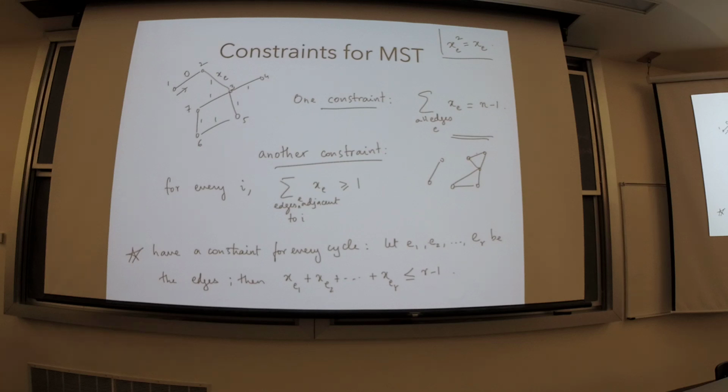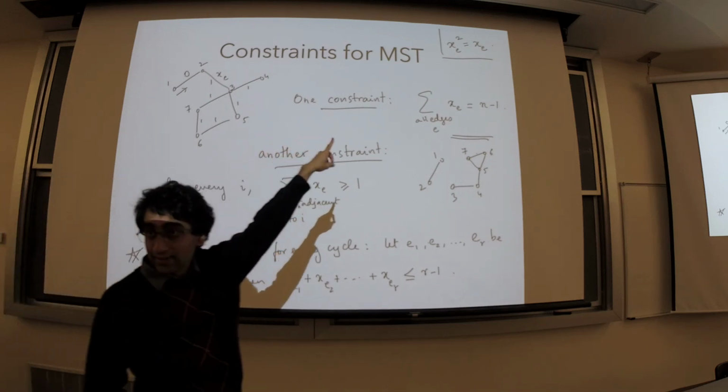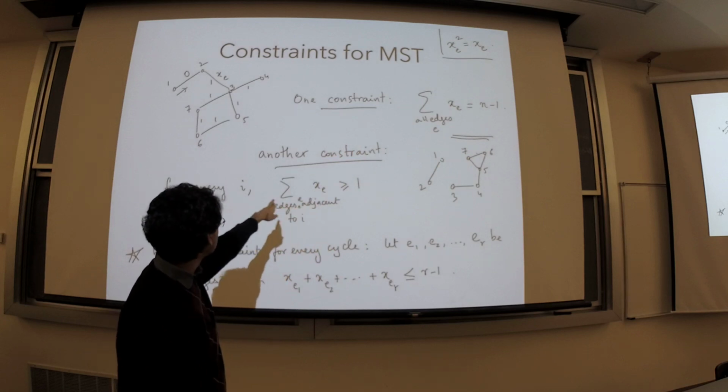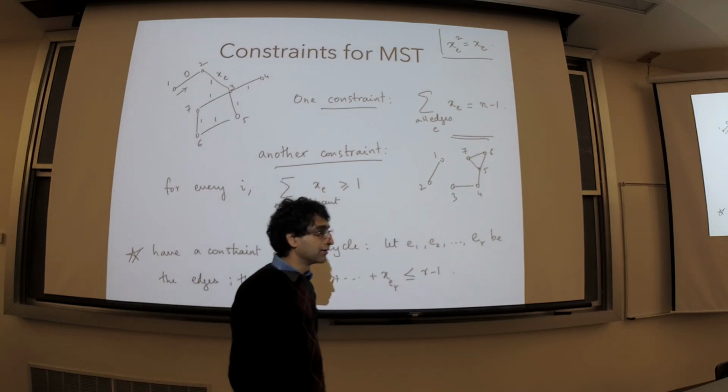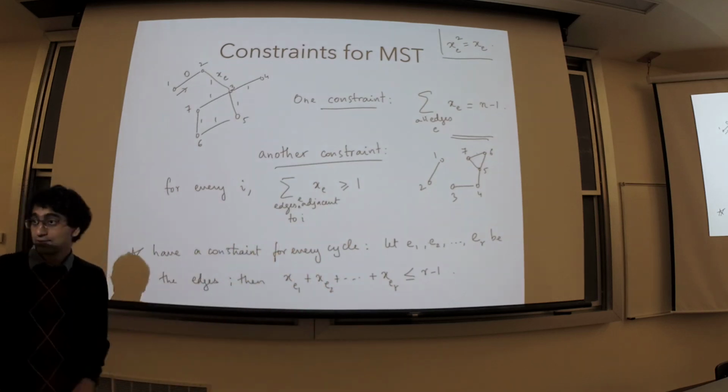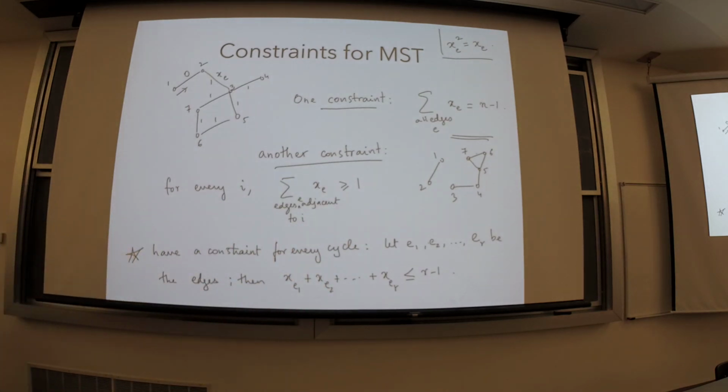So I have 1, 2, 3, 4, 5, 6, 7. Okay, so now I have 6 edges. I've satisfied that, and I have an edge from every vertex. But this is not a tree, right? Because there is still a problem.